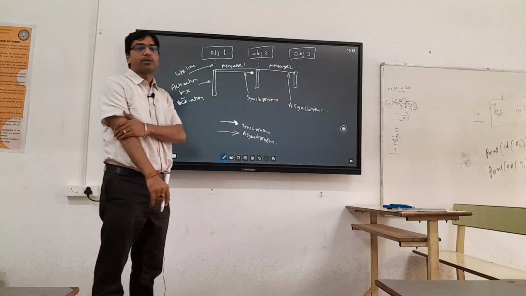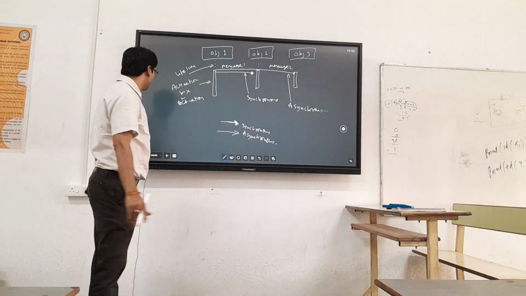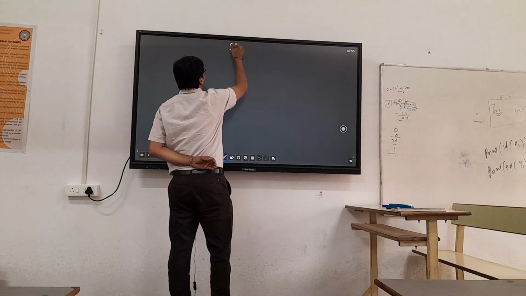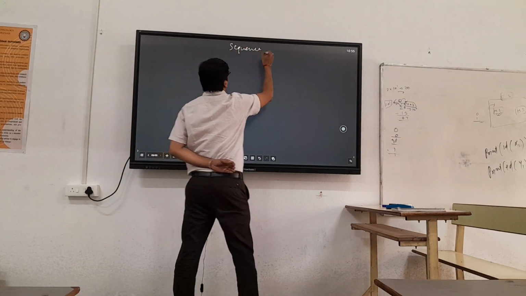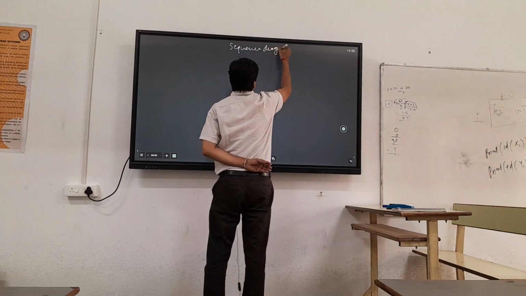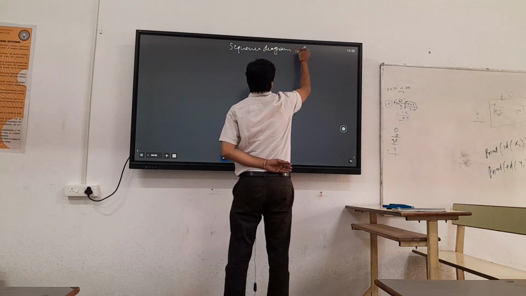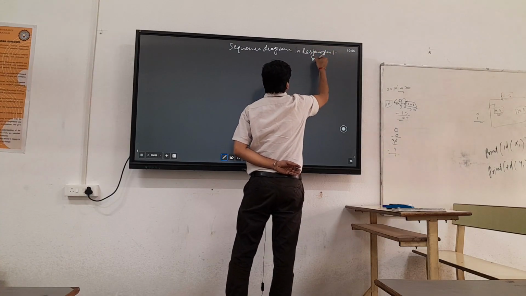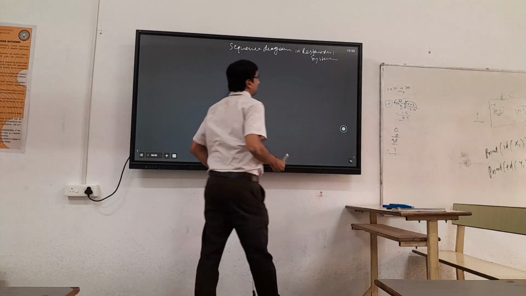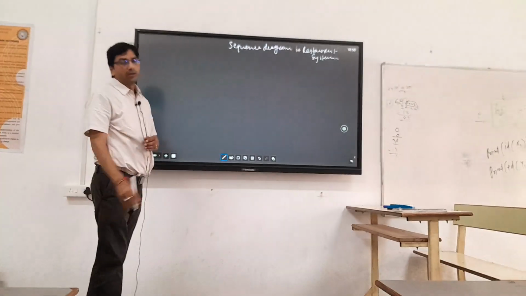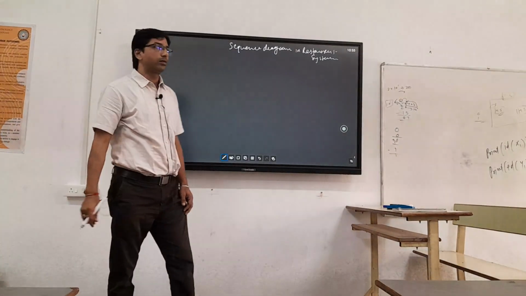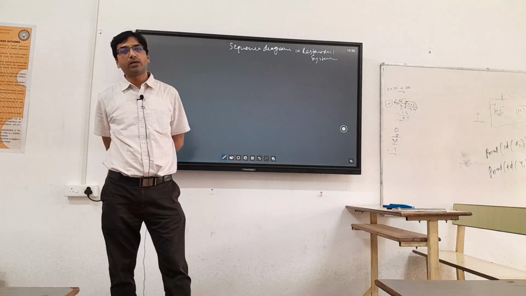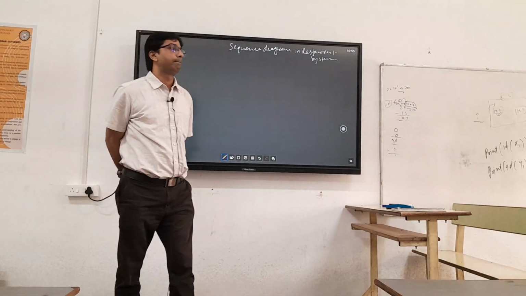Now I will take one example of a restaurant system. In real life, when we go to any restaurant, we find three objects: one customer, one waiter, and the kitchen.